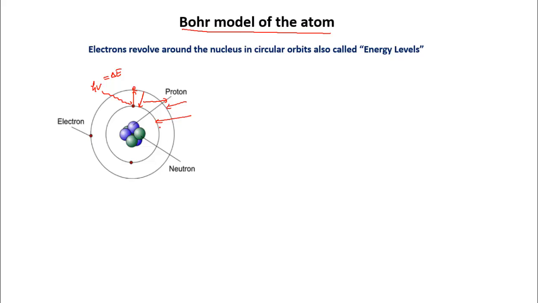The first energy level here, N1, is the lowest energy level. This is N2, the second energy level, and so on. You have the third energy level and the fourth energy level. Electrons can jump from low energy levels to higher energy levels by the absorption of energy, and from higher energy levels they can return to their ground state by the loss of energy.